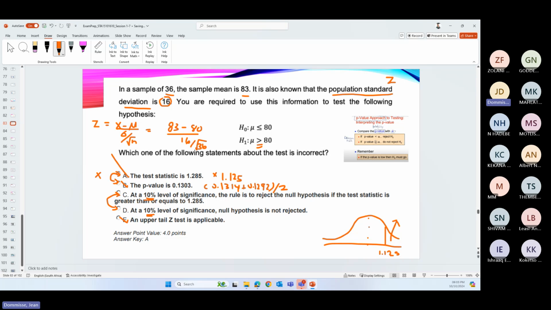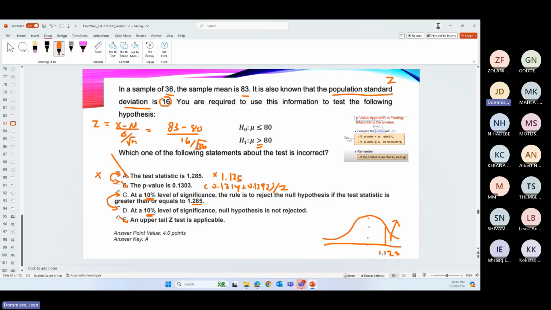And when we say at a 10% level of significance, the rule is to reject the null hypothesis if the test statistic is greater than or equal to the critical value. So if your test statistic is greater than that, then it lies outside.